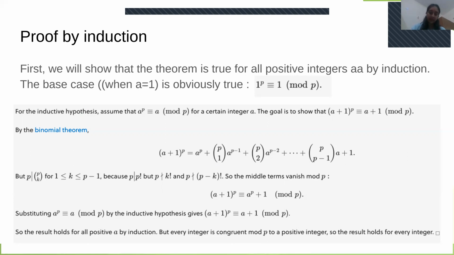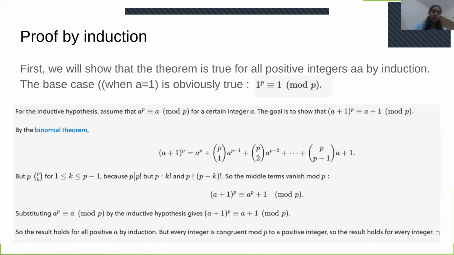By the binomial theorem, we have (A plus 1) raised to power P equal to A to the power P plus P choose 1 times A to the power P minus 1 plus P choose 2 times A to the power P minus 2, and so on.